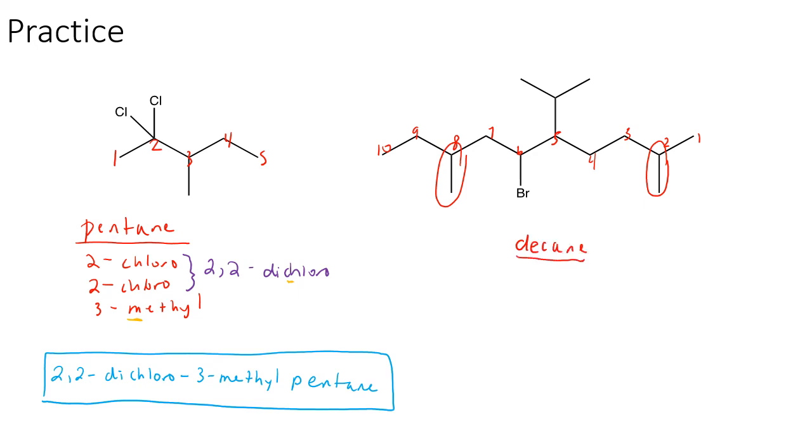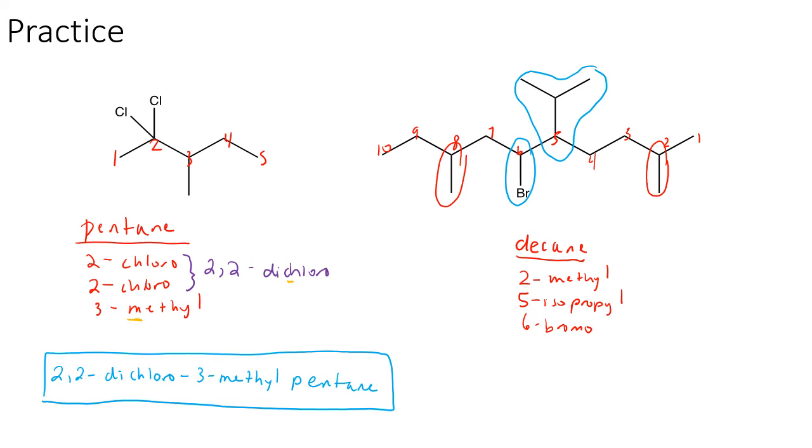And then now we want to list out what we have for our substituents. At 2, we have a methyl group. At position number 5, looking along here, that is an isopropyl group. At position number 6, we have a bromo group.